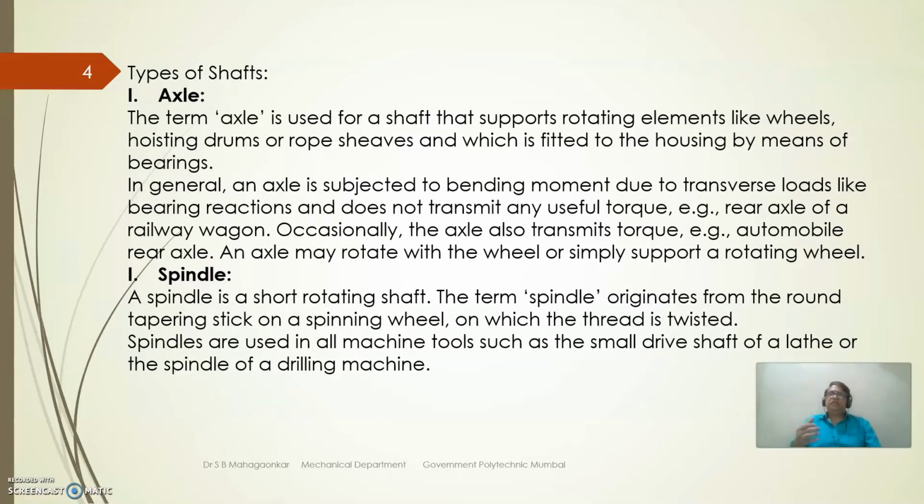In the drilling machine, the spindle is where you fit the tool bit. That is called the spindle. So the spindle is a short rotating shaft. It is not a stationary shaft. It is a rotating shaft.